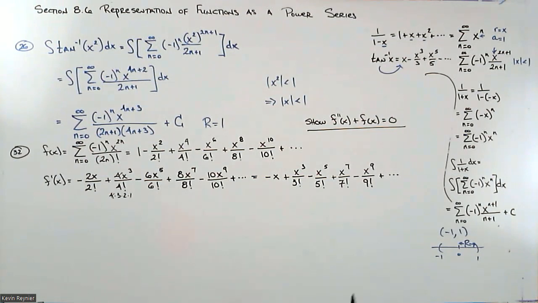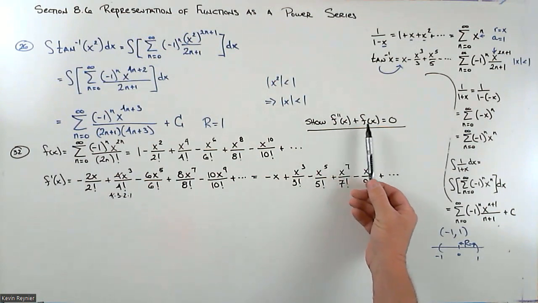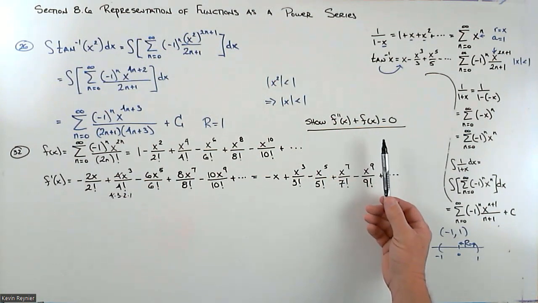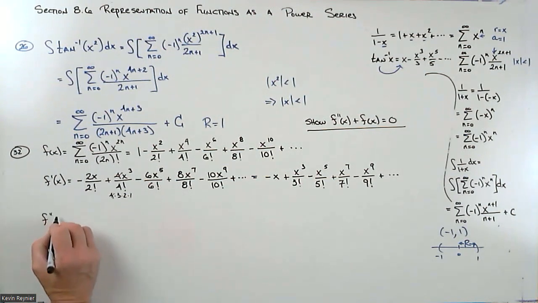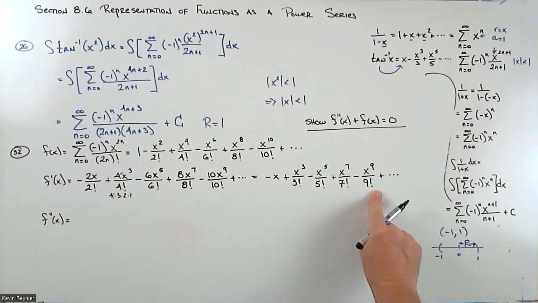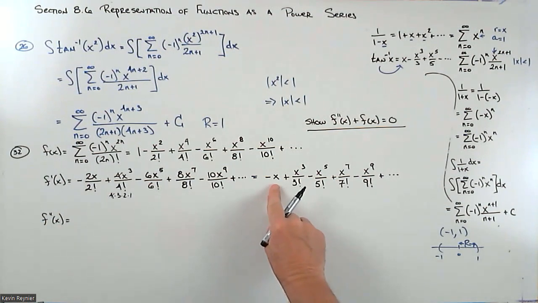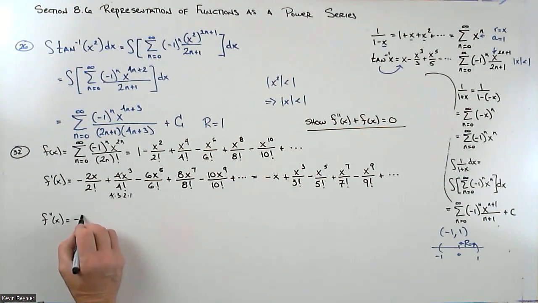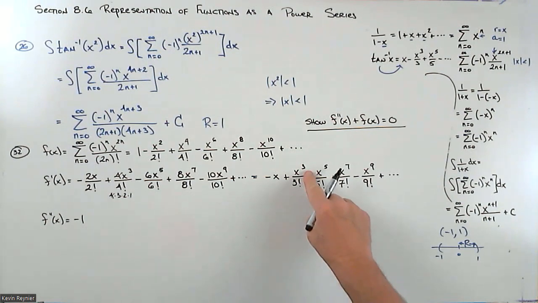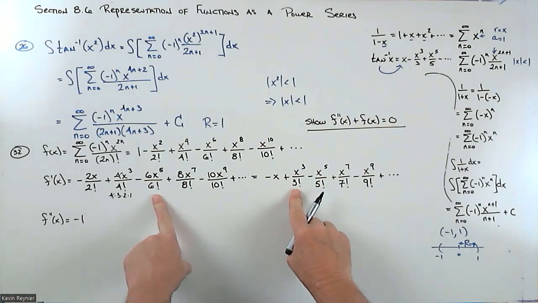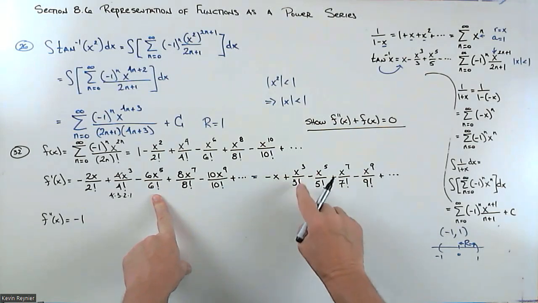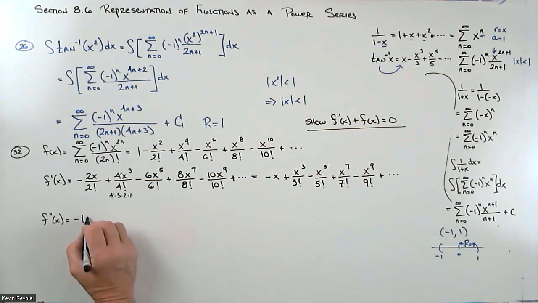Our job is to show that when I add the second derivative to the function itself, I'm going to get 0. So let's find the second derivative. I'm going to take the derivative of this. Well, the derivative of x is going to be negative. This 3 is going to come down and turn this 3 factorial into a 2 factorial. So it's the same math we did over here. So I'm going to have x squared over 2 factorial.